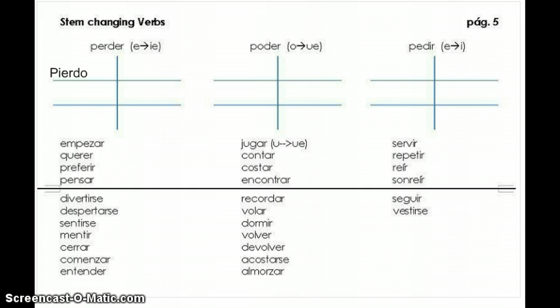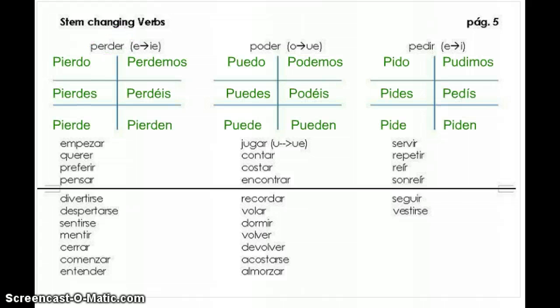Hopefully by now you know that the nosotros form of any stem changing verb is going to be absolutely normal. So that stem change is going to go away right here. It's always going to be exactly what it looks like in the nosotros form. Okay, so this is all of the verb charts filled out there.